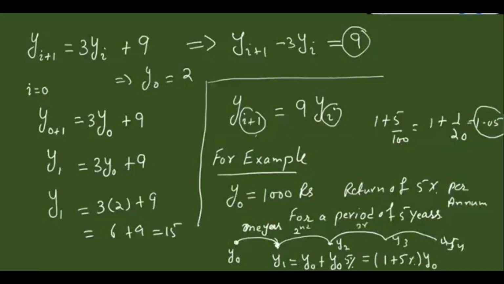So 1 year complete, 2 years complete, 3 years complete, 4 years complete, and then I will get y5. y5 is the 5-year completion. At the end of y5 I will get the amount that I should get after investing the y0 amount for a period of 5 years at a rate of 5% per annum.